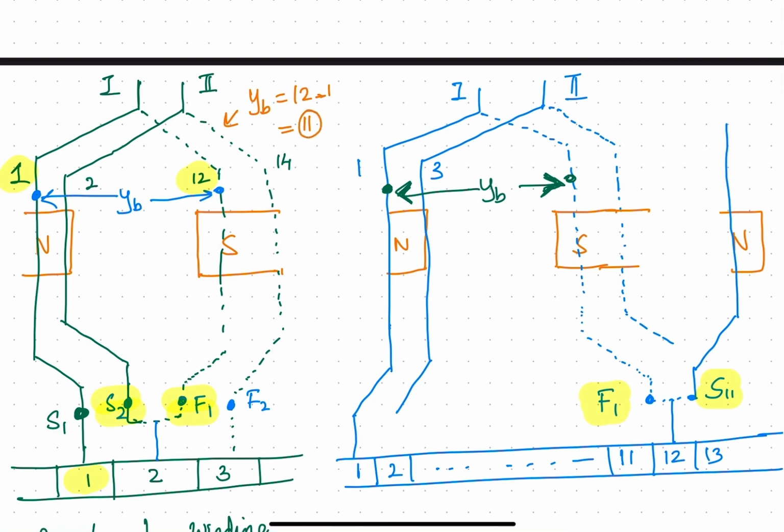So this is an odd number. Similarly in case of this winding, I forgot to write the sides here. This is 12, this is 14, this is 23, and likewise. So in this case, the back pitch is again 12 minus 1 is equal to 11. This is the back pitch in the two cases.